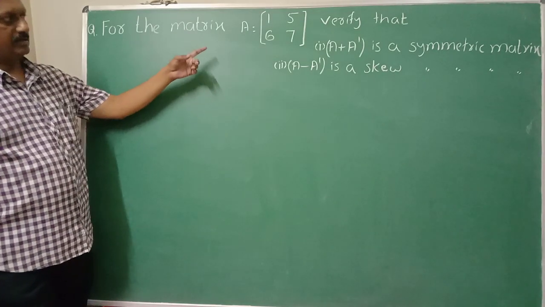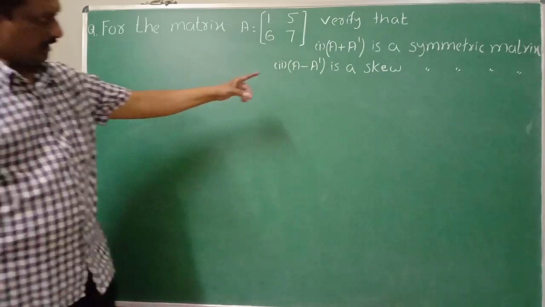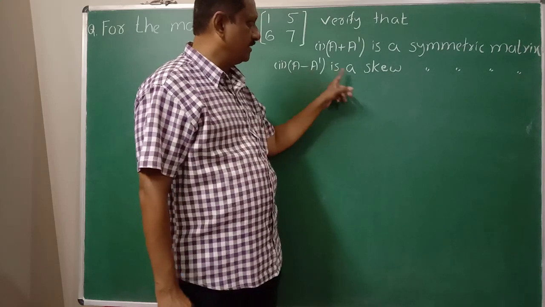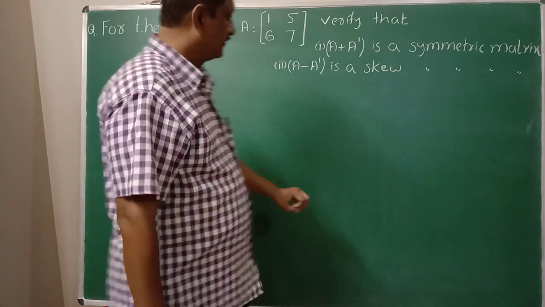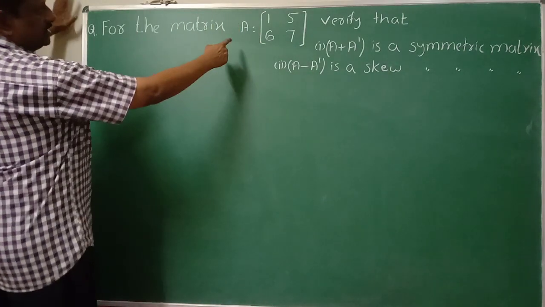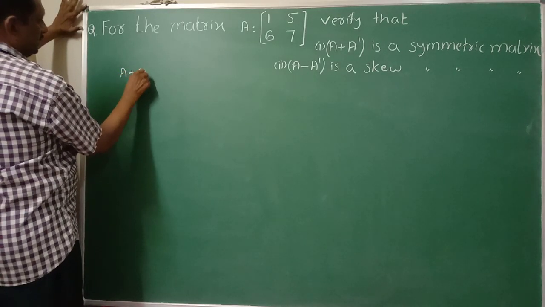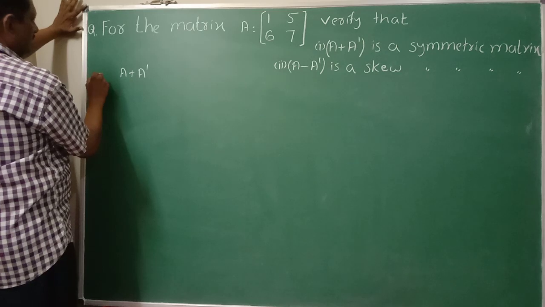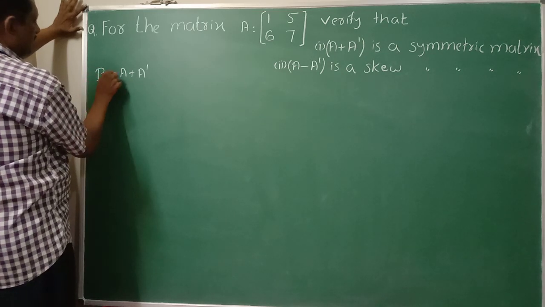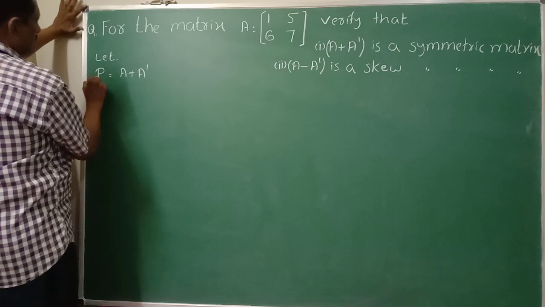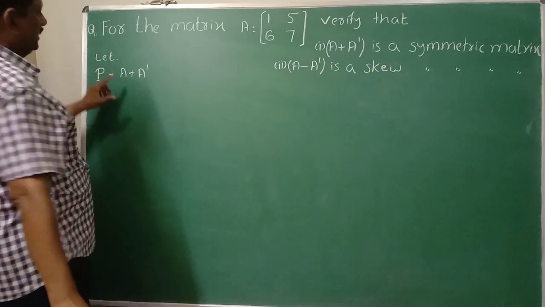Now verify that A plus A dash is a symmetric matrix and A minus A dash is a skew symmetric matrix. A is the given matrix, so write A plus A dash. Consider this matrix as P. Let us consider P is equal to A plus A dash.